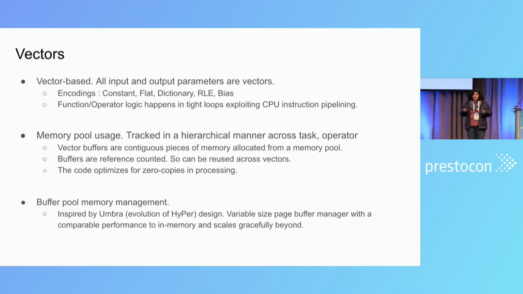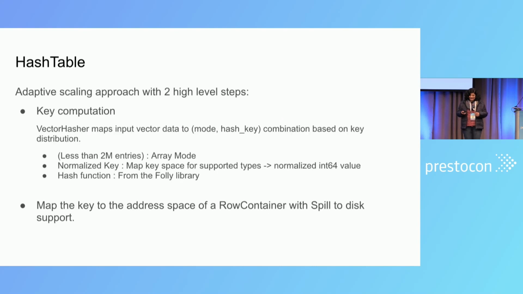This makes the operator very complicated, because what if your rows didn't fit into this buffer, and you have to have large objects split across buffers. So what this gives you is a variable size page buffer manager. You can just ask for however much size you want. And this system is designed so that the performance is very comparable to an entirely in-memory buffer manager if everything fits in memory, and it scales and degrades gracefully beyond that. Yeah, this is very complex and not my thing.